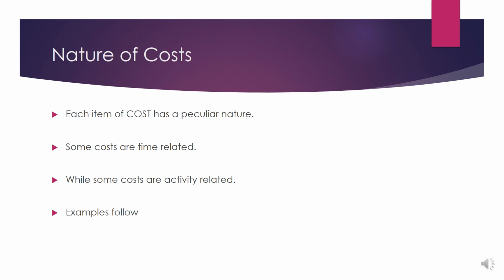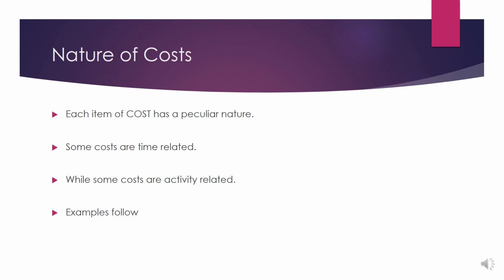like some costs are more related to a time frame, like a month, a quarter, 6 months, or a year, while several other costs are related to activity. That means production in a factory.